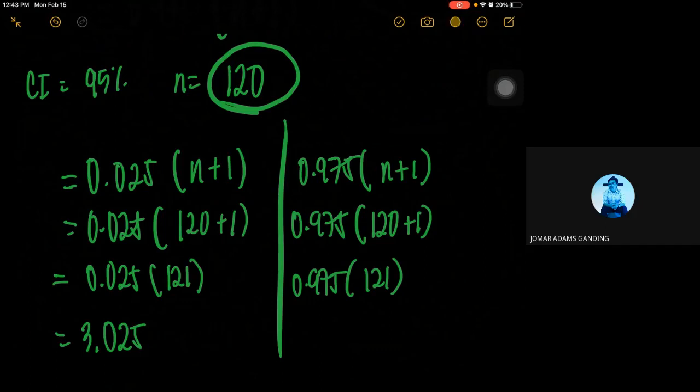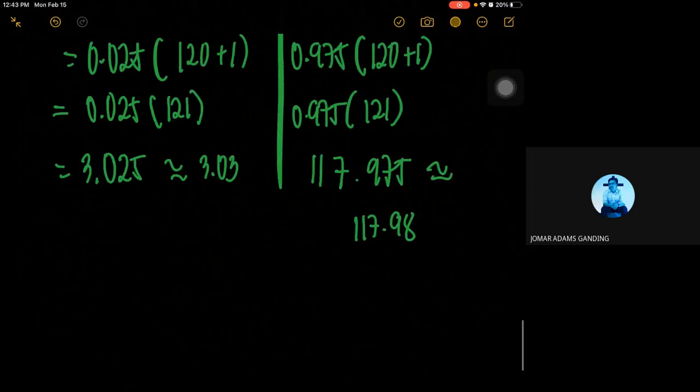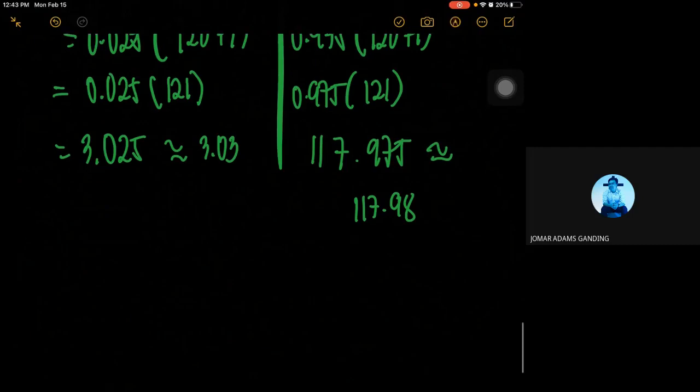That is 117.975, or approximately 117.98, and the lower limit is approximately 3.03.